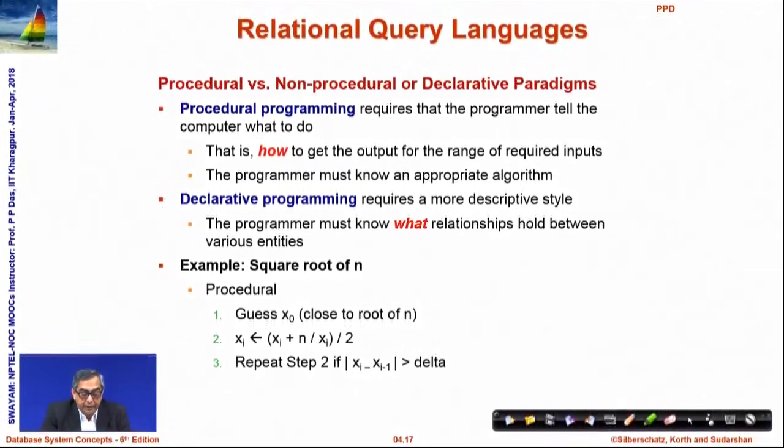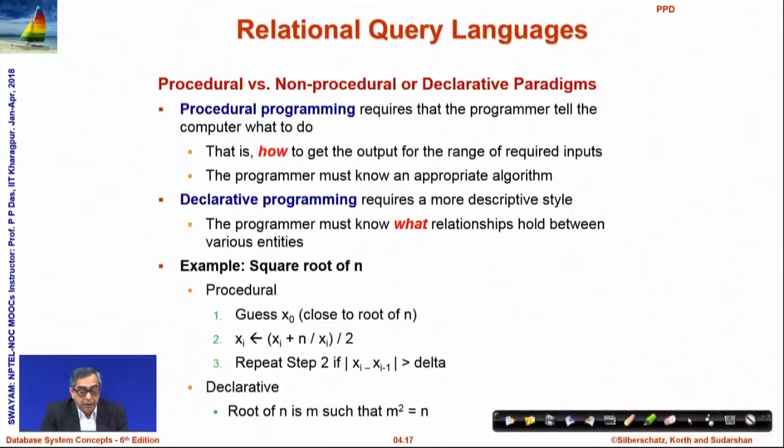So, you take the arithmetic mean, find the new estimate, and repeat the steps as long as the difference between two consecutive estimates is more than a certain value delta. This is a procedural one. You are giving an algorithm. So, given n, following this algorithm we will find the square root.